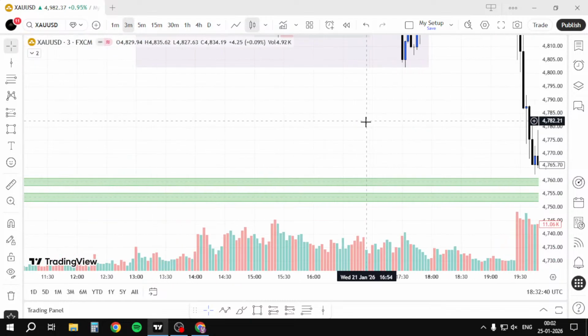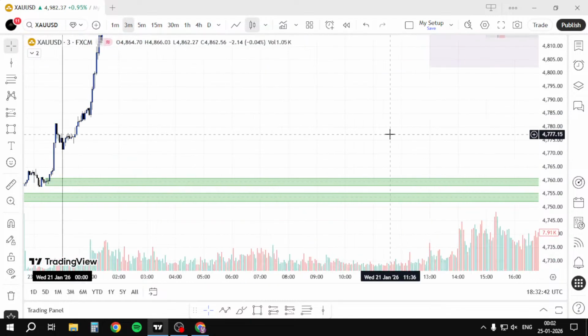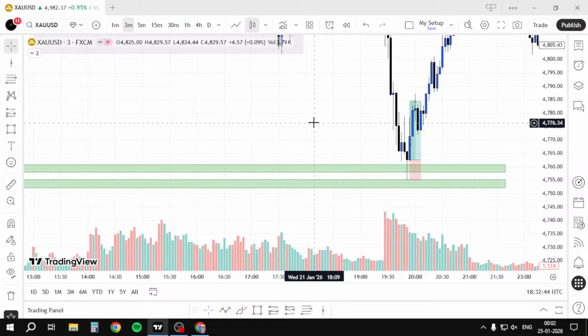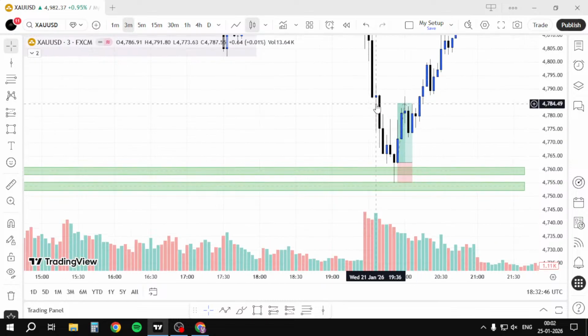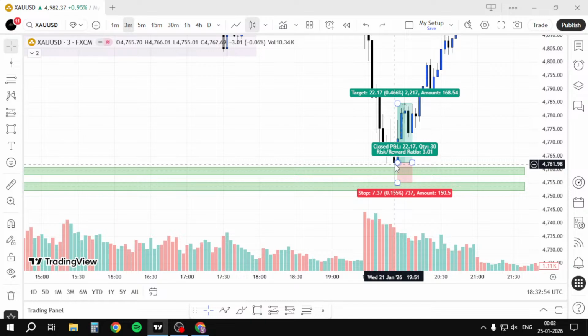Sorry. Wait a second. Do not focus on this candle until it's getting stopped or reacting at this zone, your marked POI zone in the 5 minute time frame.